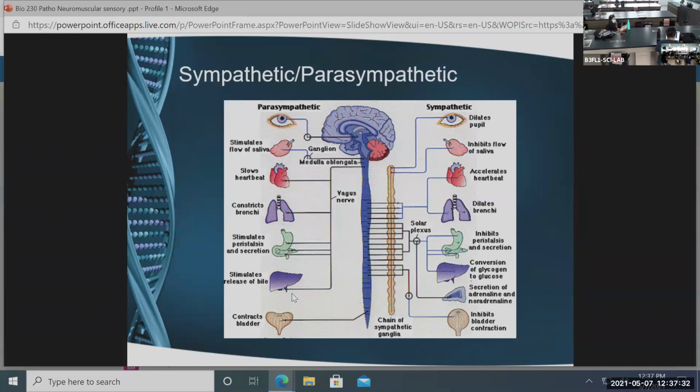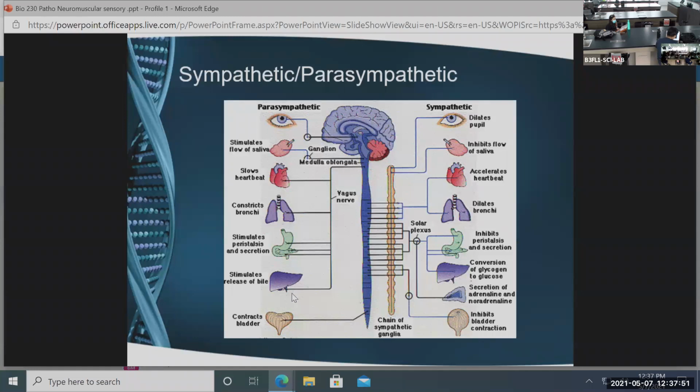Sympathetic and parasympathetic. The difference between sympathetic and parasympathetic. Look at the chains of ganglia. For the sympathetic, they have chains of ganglia, one on each side of the spinal cord. There's not only one chain, there are 2 chains, one on each side.